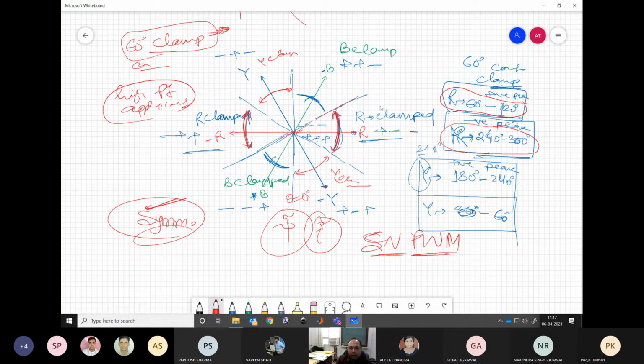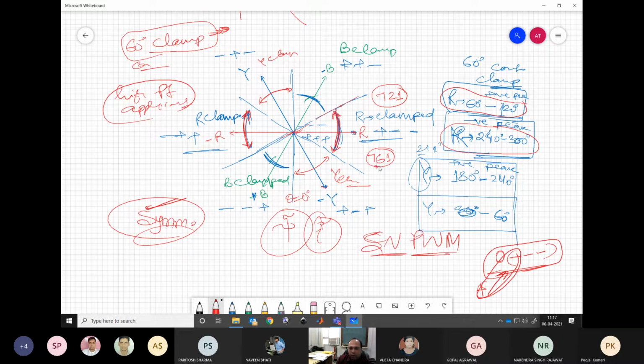This is where we can apply the sequence 7 to 1, or a sequence something like 7, 6, 1. Whenever you avoid the state 0, which means minus, minus, minus, we are avoiding the switching of R phase from 0 to minus.